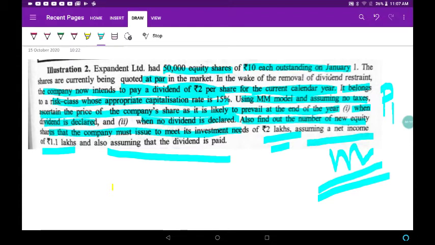So when dividend is paid, what is M? Clear? So here the value of the firm you need not calculate, but using the model and assuming no taxes, you need to understand when such a question comes that you need to work out using the model because the question clearly indicates the approach. Is it clear the question?